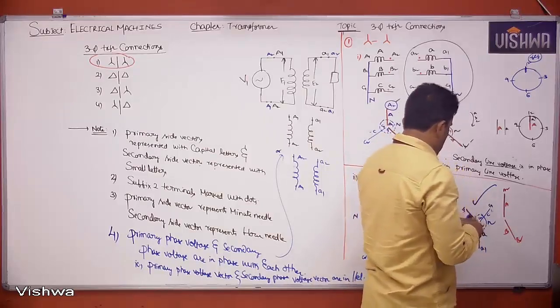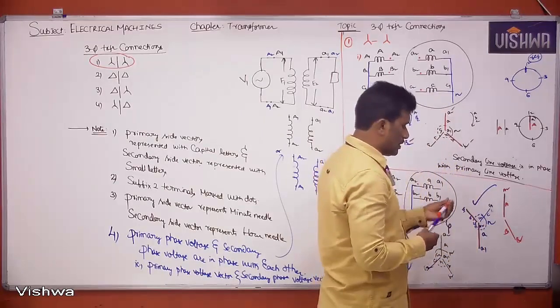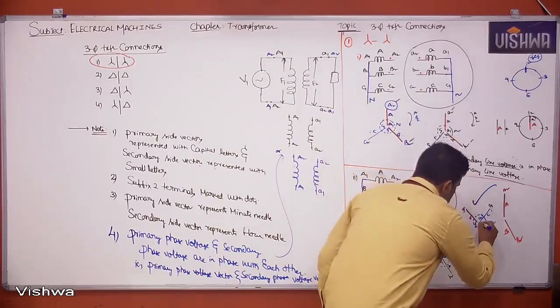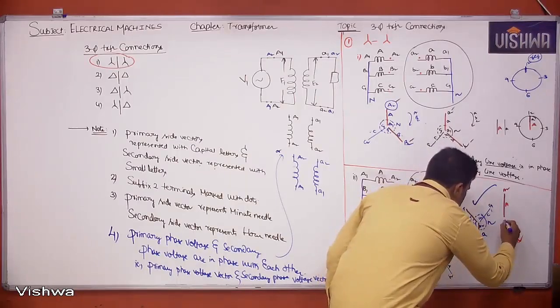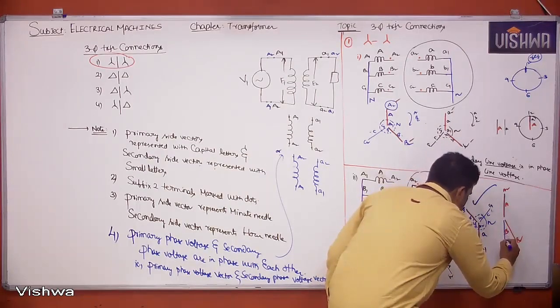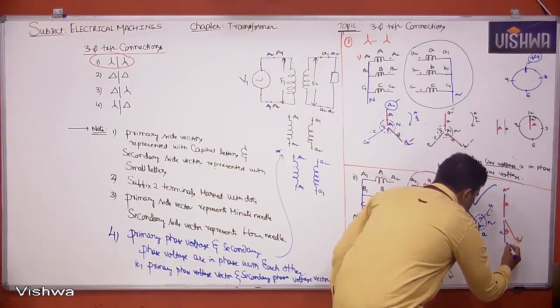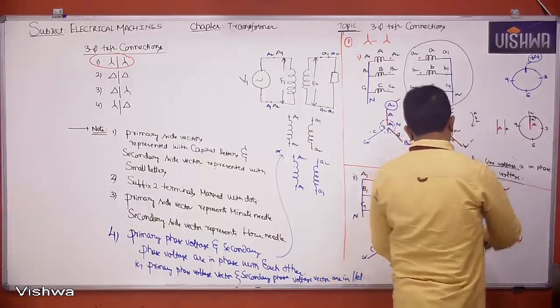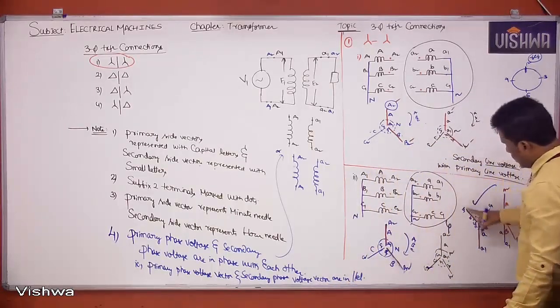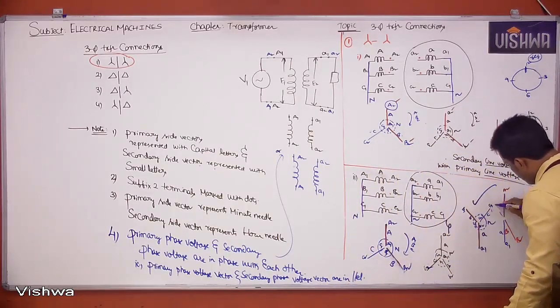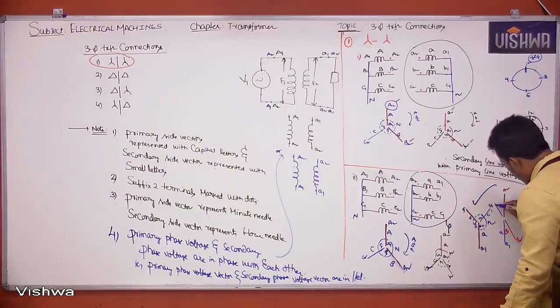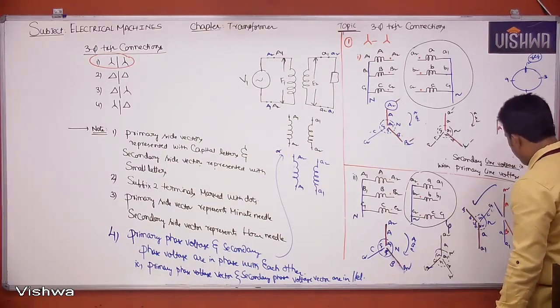Let me use a different color for this. So understand, this portion I'm just drawing here. Small a, small a1. And this portion, I can draw like this. Is it clear?